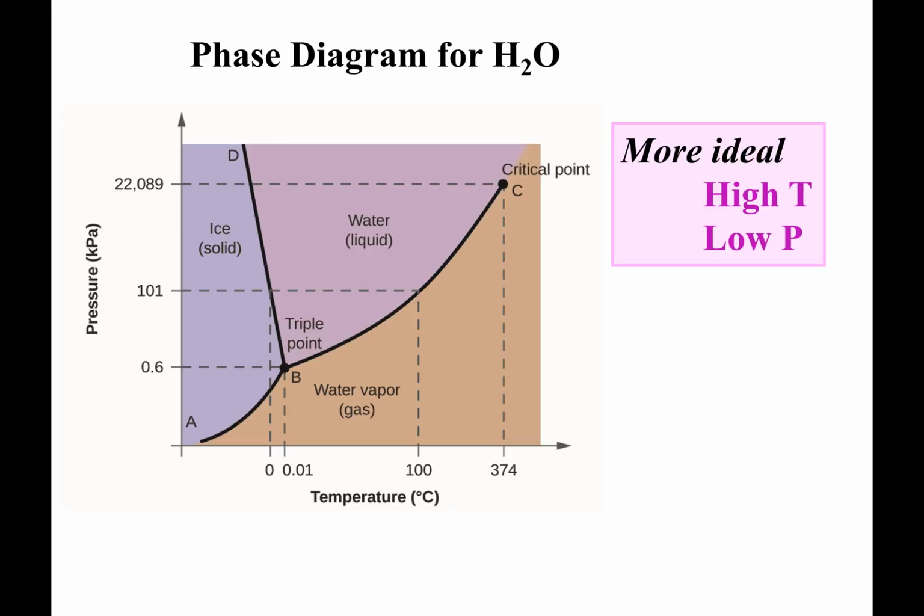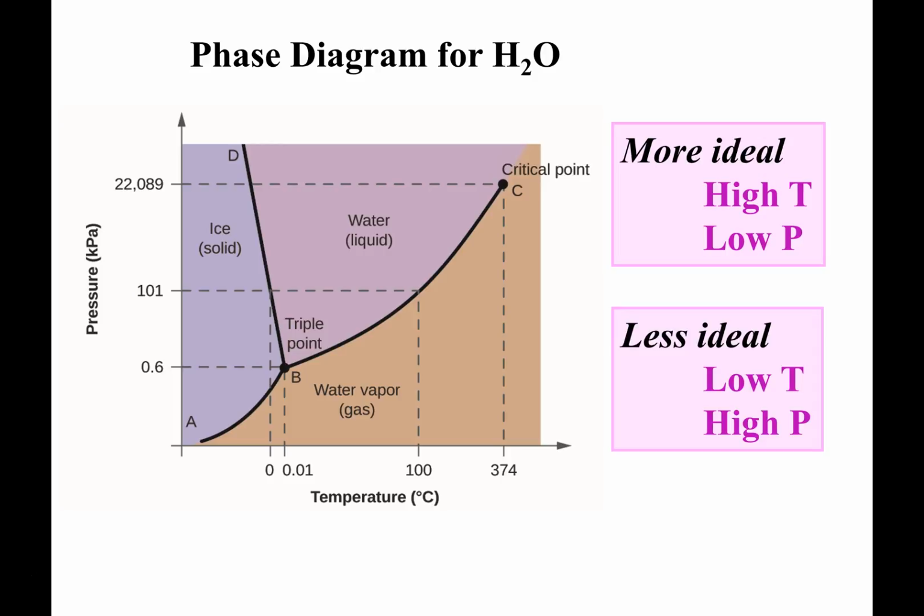But my point here is that you're going to get ideal behavior at high temperatures and low pressures, and you're going to get non-ideal or less ideal behavior if it's in this sector right here, a gas anyway, as you increase the pressure and reduce the temperature.